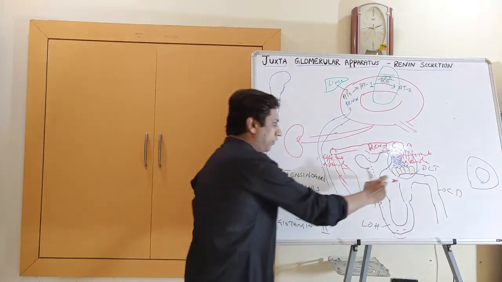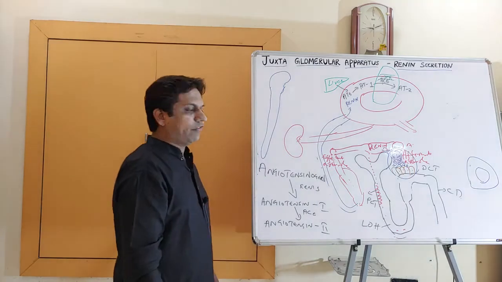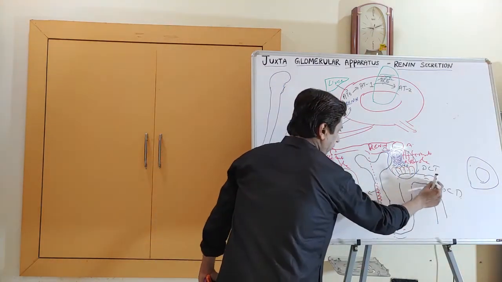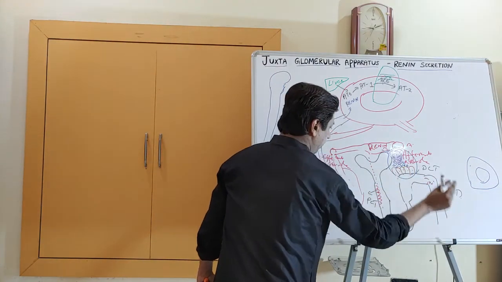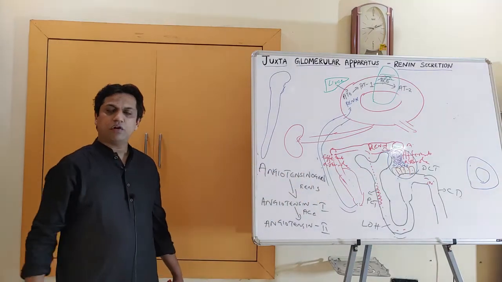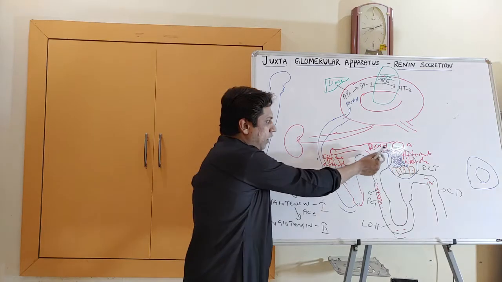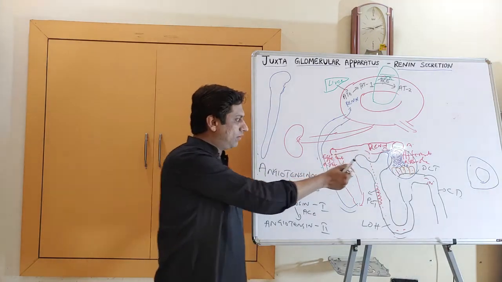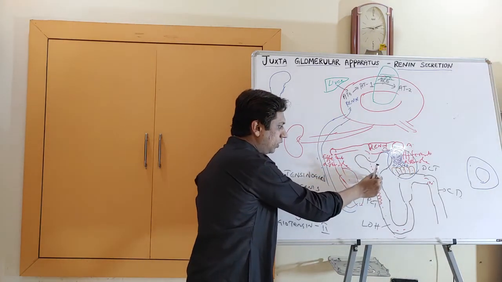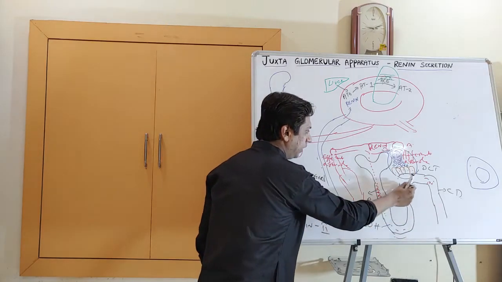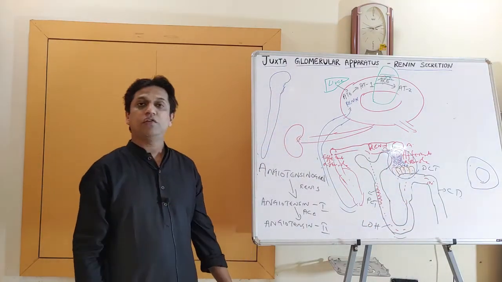Then in the distal convoluted tubule, around 10% of the sodium is reabsorbed, but the majority is excreted here. So when the blood volume is less or the blood pressure is less, the amount of sodium entering the distal tubule is also less.